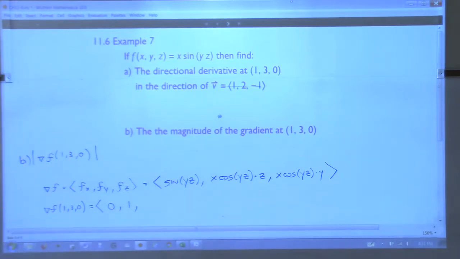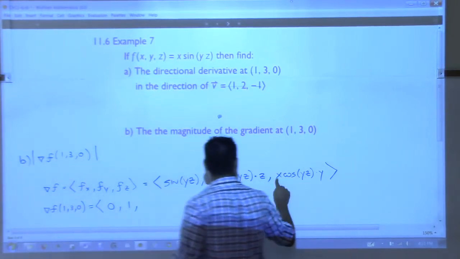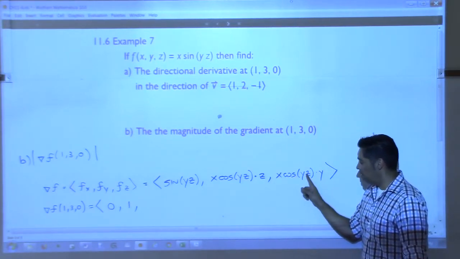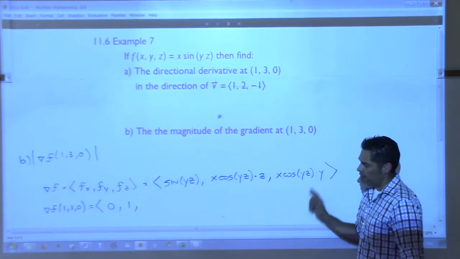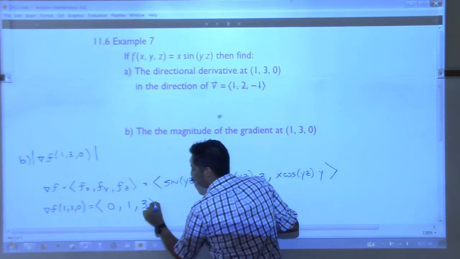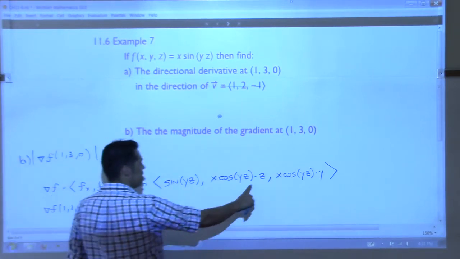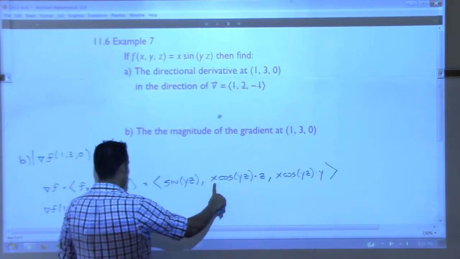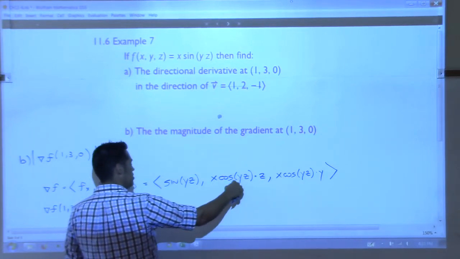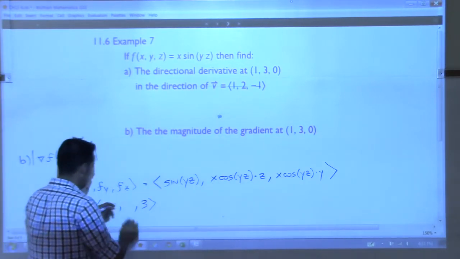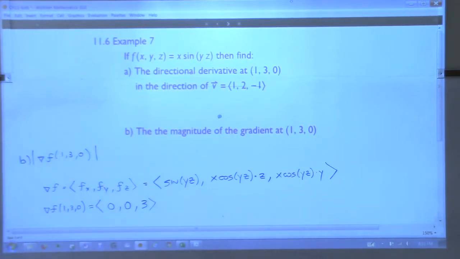And the last one, I think you get 3, because this is 1, this cosine of 0 is 1, and then y is 3. So you should get 3 here. The middle one is 0. Oh, we didn't account for the z here. Yes, this is 1, cosine of 0 is 1, and then 0. So yes, thank you. Oh, wow, that's kind of interesting.